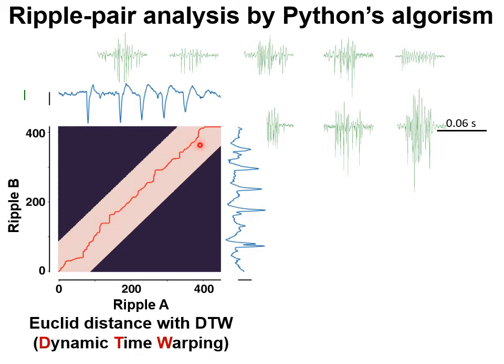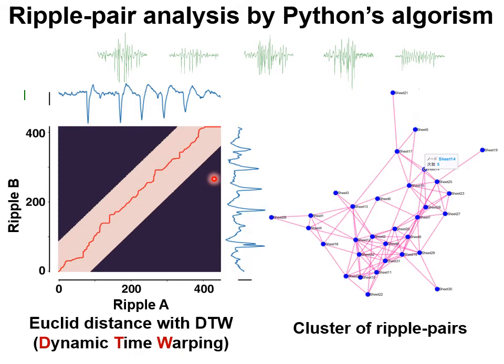We can obtain the minimum Euclid distance of the pair, and also the minimum route of the pair. By analyzing again and again, we can visualize the ripples as a cluster map. As you can see, similar ripples form clusters, and unlike ripples are located at a distance.